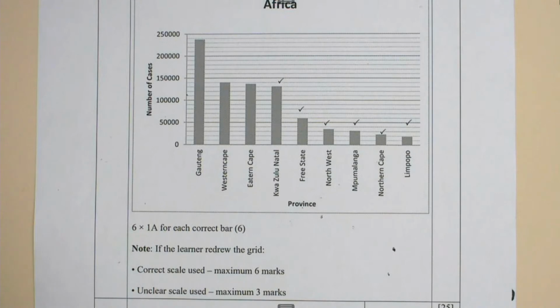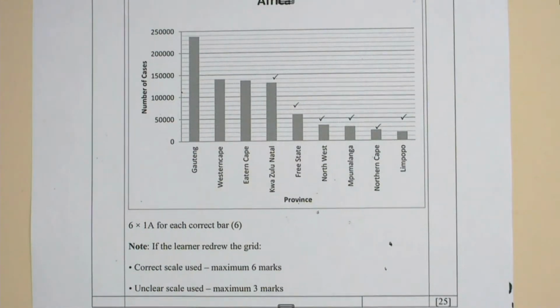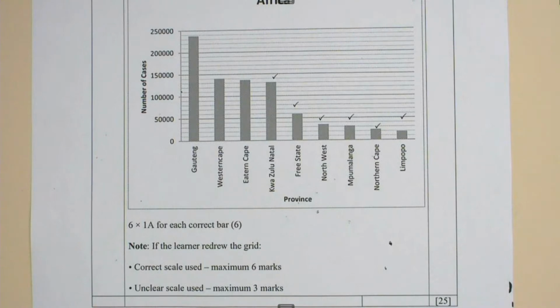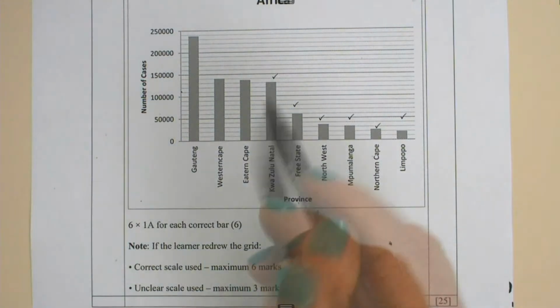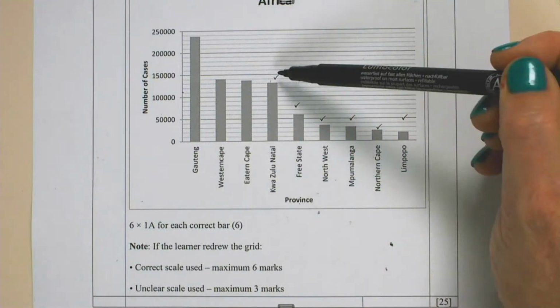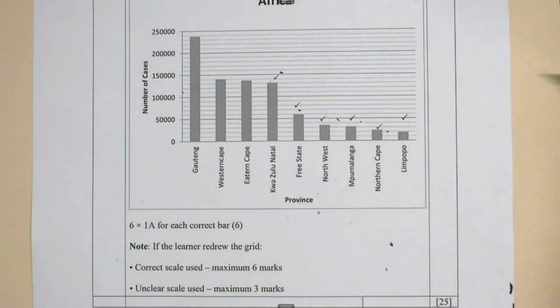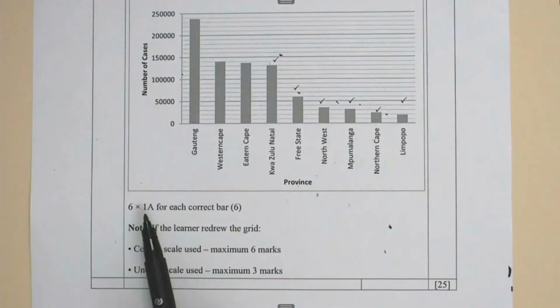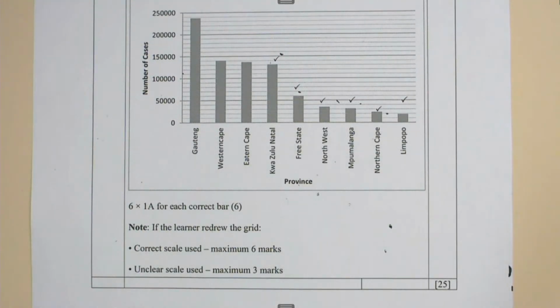Because the scale is very rough, it is possible that within a millimeter the kids can make a drawing on that place. It's very clear there's 1, 2, 3, 4, 5, 6 marks for drawing each one of these correct bars.